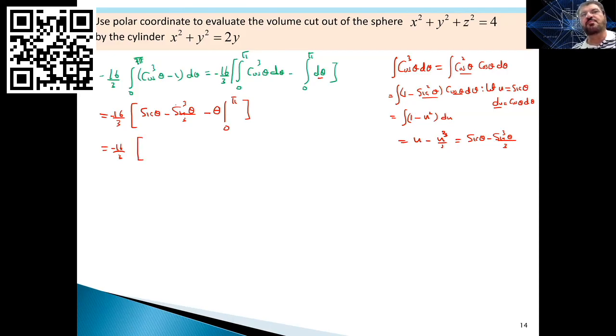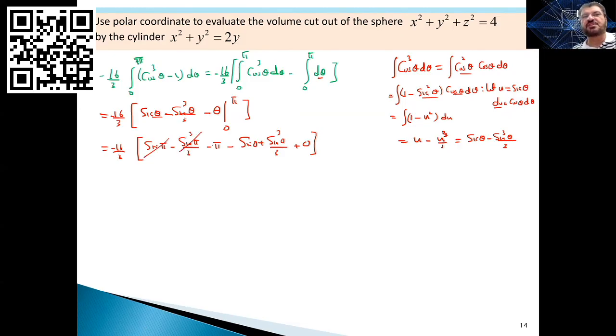We start with plugging in pi: sine pi minus sine cube pi over 3 minus pi. Then we say minus, we plug in 0: sine 0 minus sine cube 0 over 3 minus 0, and we close. Put pi first, minus the 0.